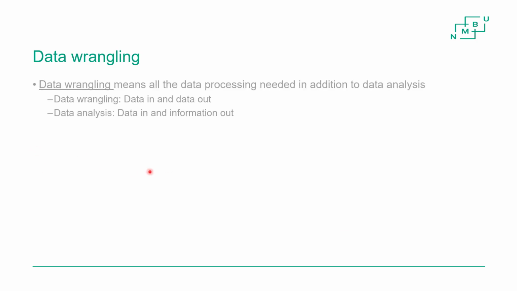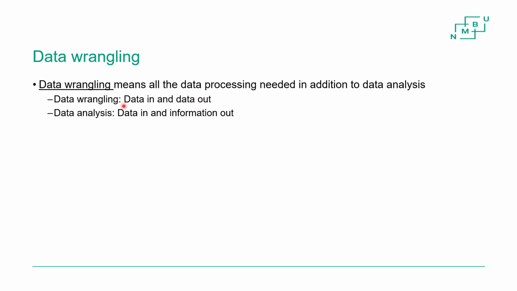I should say a few words about data wrangling, because what does it mean? Well, it's all the processing of the data needed in addition to the data analysis, you could say. Or you could put it like this: data wrangling is what you do if what you get in is data and what you get out is also data. Then you do data wrangling, right?